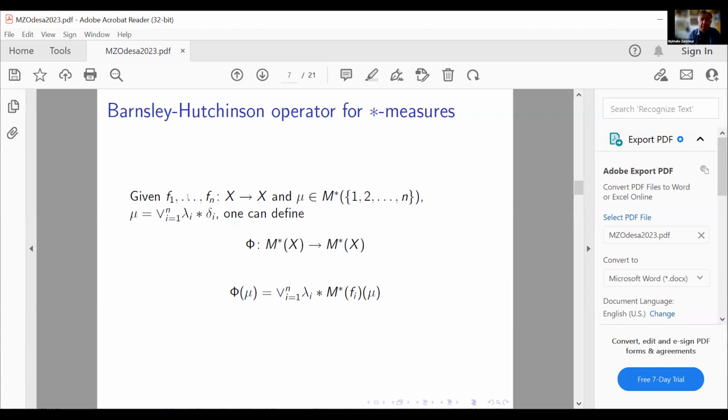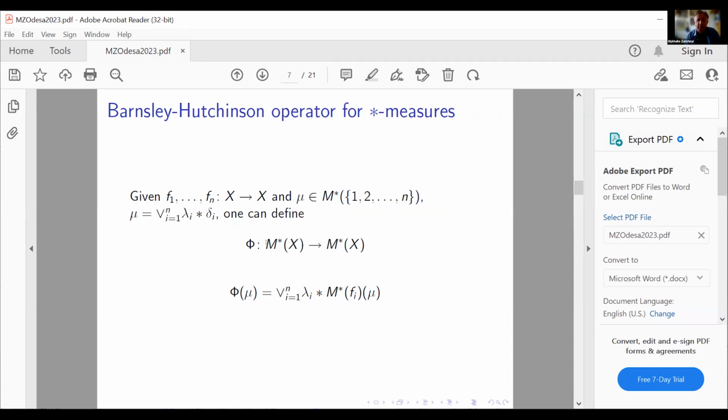If we have a finite family of self maps from X to X, and if we have a star measure on the set of indices, namely the set 1, 2, 3 up to n, then this measure should be of the following form: the maximum of lambda i star delta sub i, where i is in this set.